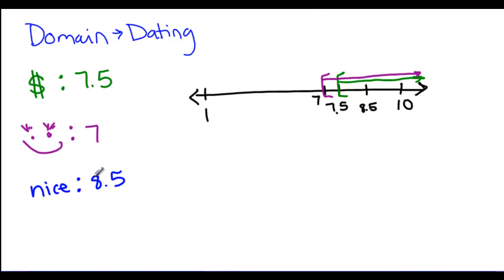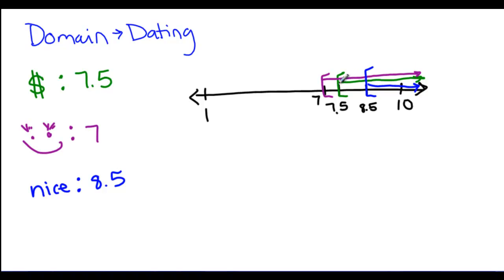And then let's add in the nice factor. They have to be at least an 8.5. So now, where this 8.5 is, this is what we're looking for, where these people are nice enough, they make enough money, and they're cute enough.